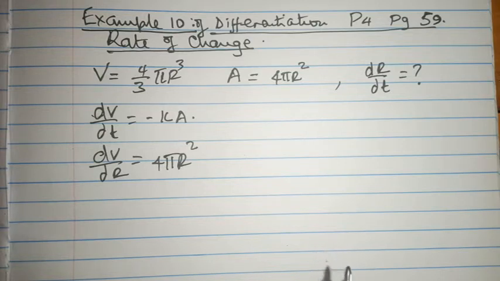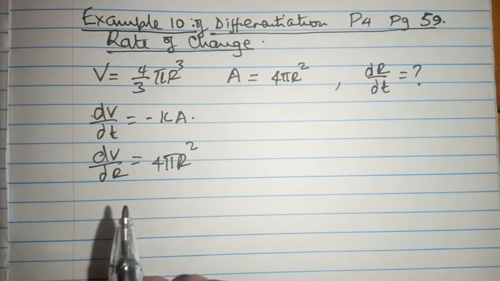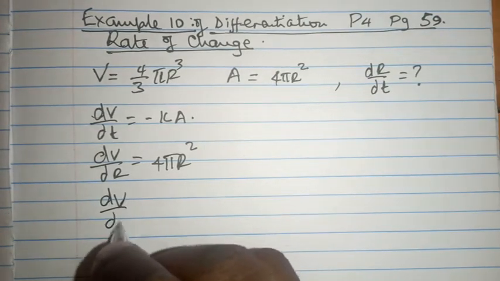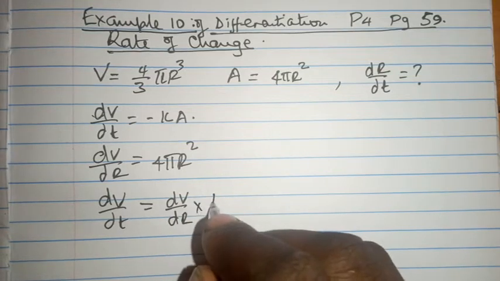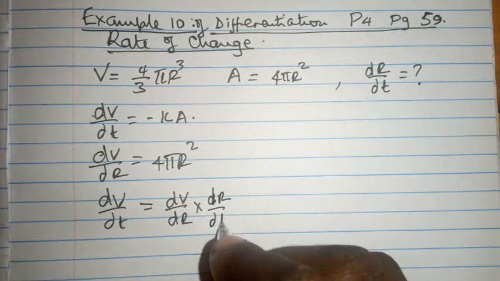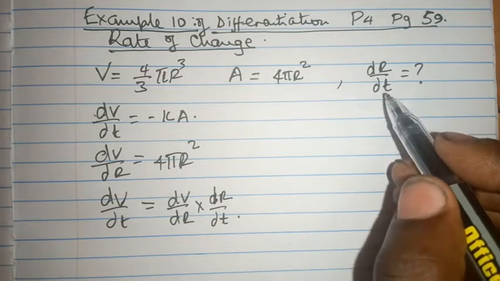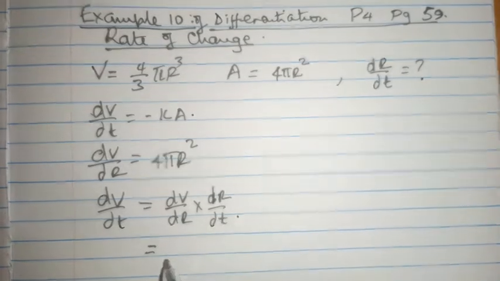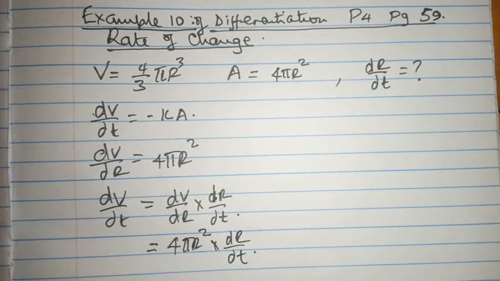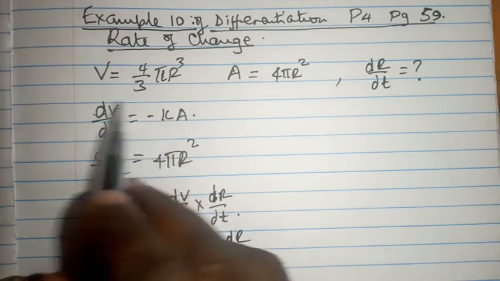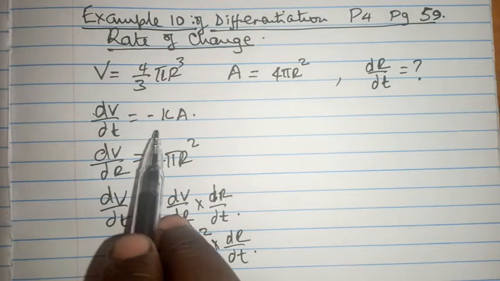The rate of change of volume, dV/dt, is supposed to be dV/dr times dr/dt. dV/dr is known to be 4 pi r squared, times dr/dt. But we know that dV/dt is minus kA.